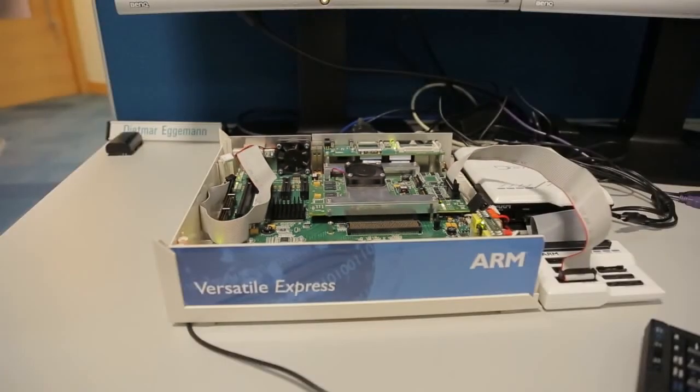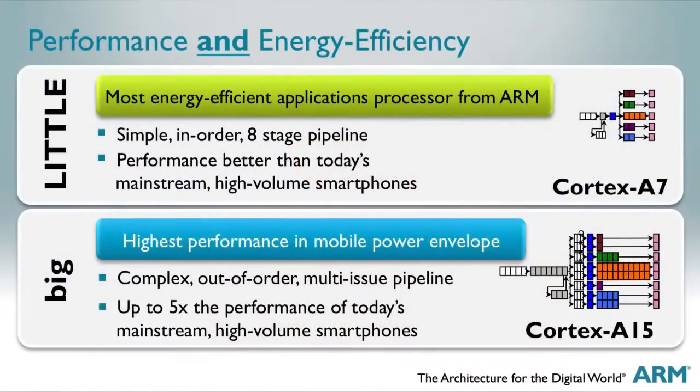The test chip 2 is a versatile express core tile containing a triple Cortex A7 optimized for energy efficiency and a dual core A15 optimized for high performance. The TC2 does not contain a GPU.